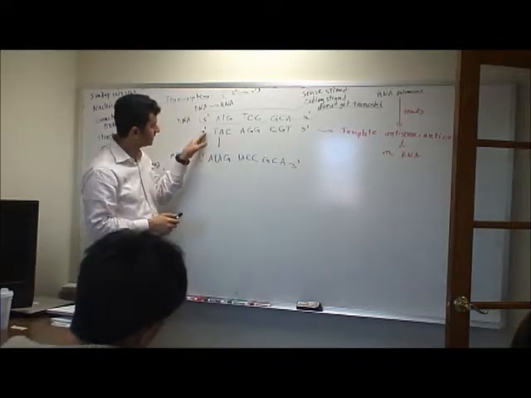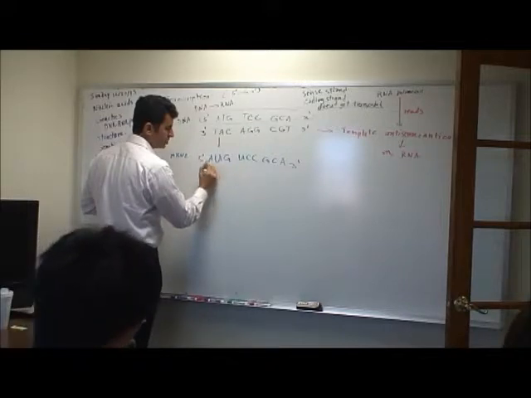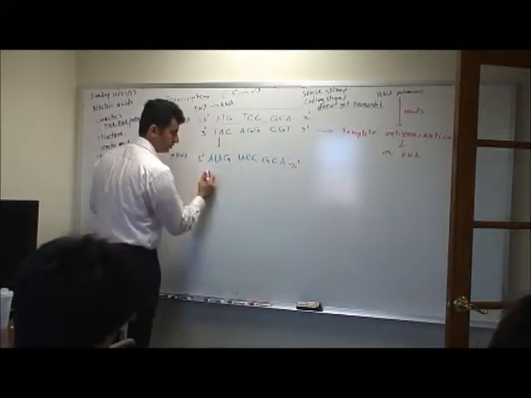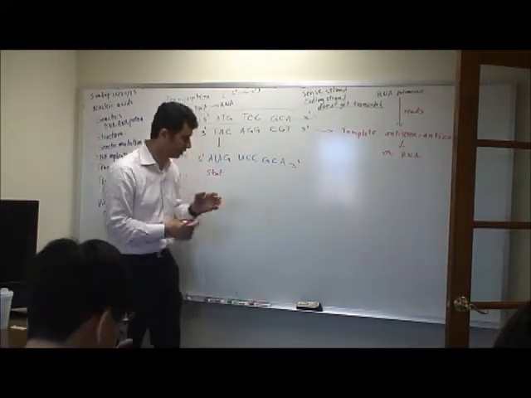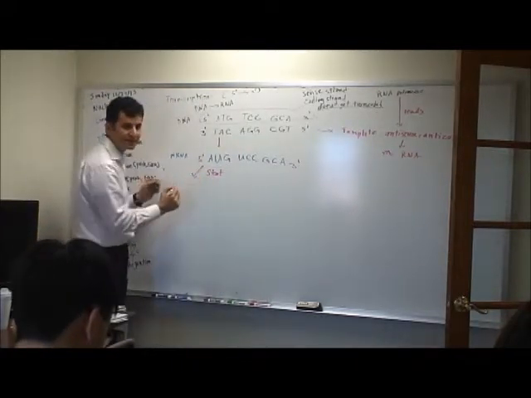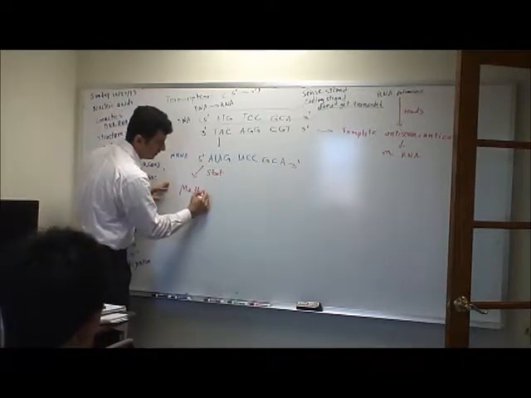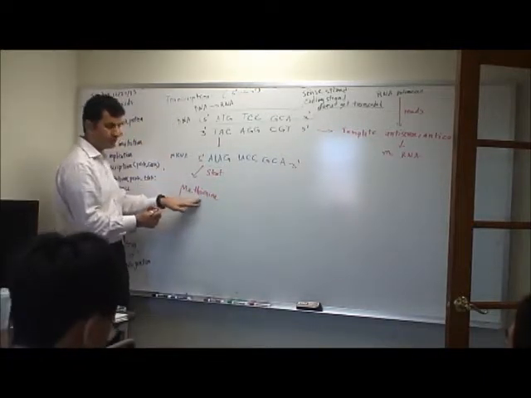The reason I wrote this in this format is specifically because AUG, what is AUG called in terms of codon? Start codon. What is the name of the amino acid? Methionine. In eukaryotes, they call it methionine.